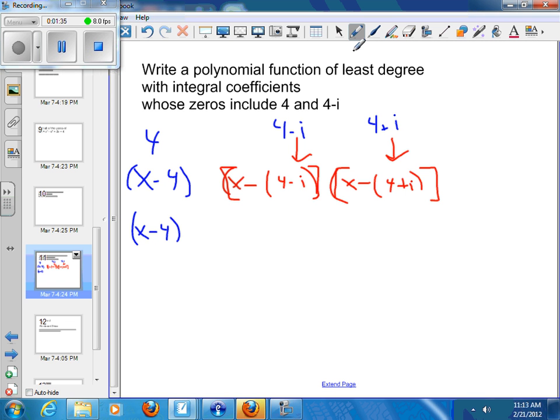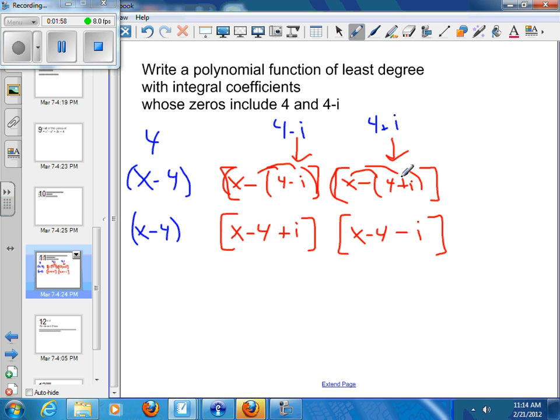I don't do anything with it to begin with because this other side I'm going to play with for a bit. So I'm going to rearrange this. Hopefully you're okay with this. This would become x minus, I'm going to distribute this negative sign here, 4 plus i. And this one's going to become x minus 4 minus i, which really hasn't done too much.